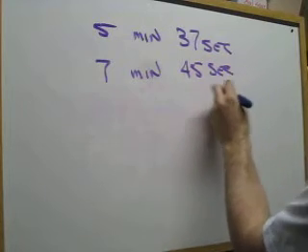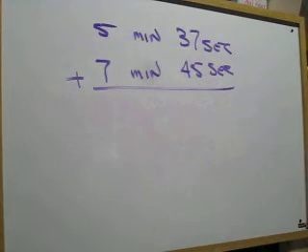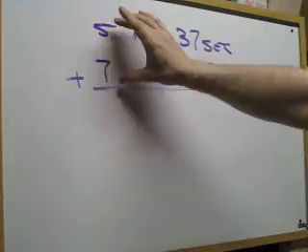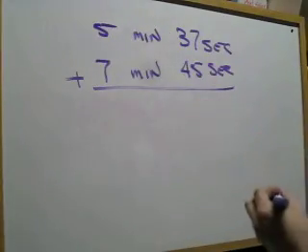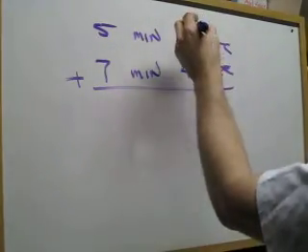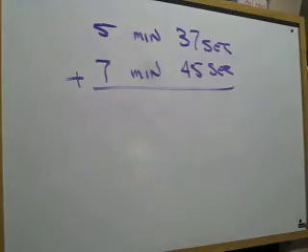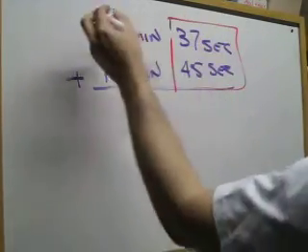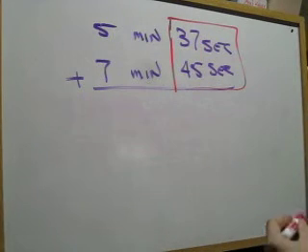Notice I wrote it as a typical vertical or column addition problem, with my seconds together and my minutes together, and I'm going to add them individually: the 37 seconds plus 45 seconds separate from the 5 minutes and 7 minutes.